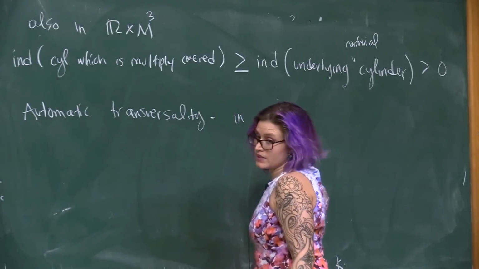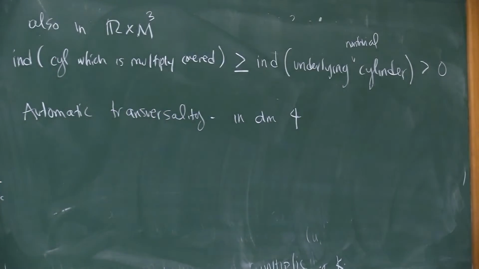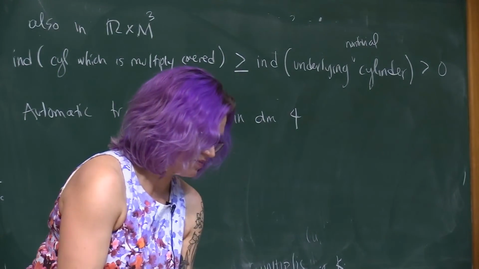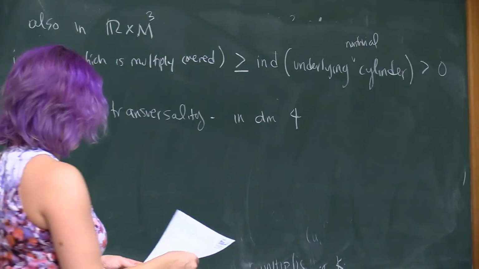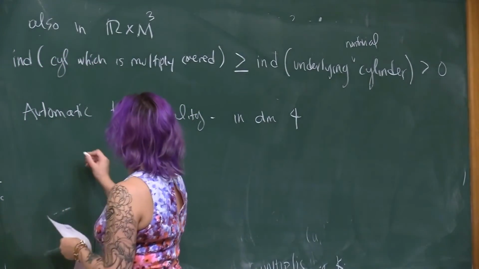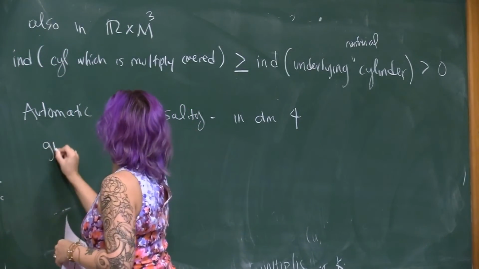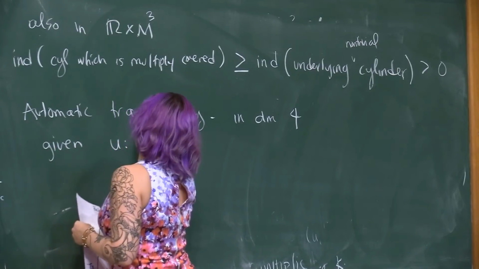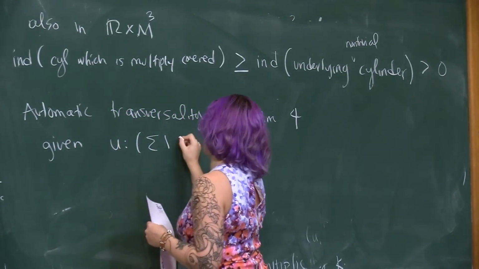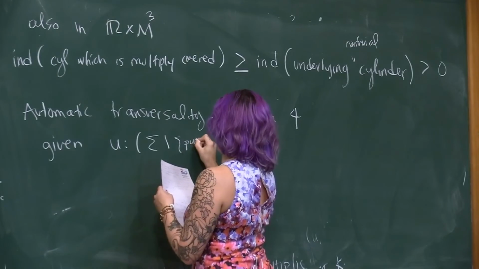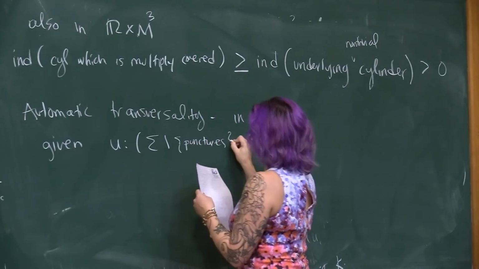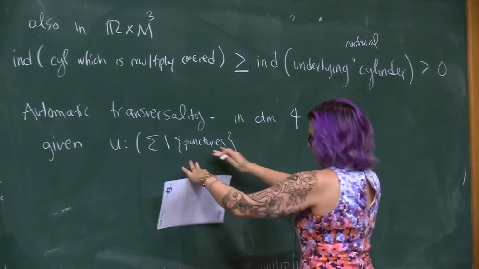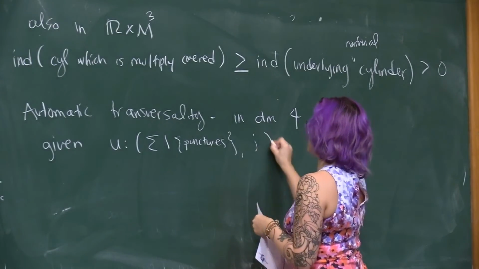And what this says, I'll just write it down, is that given a J-holomorphic map u from a Riemann surface with a number of punctures taken away, you can look at the genus of this domain.